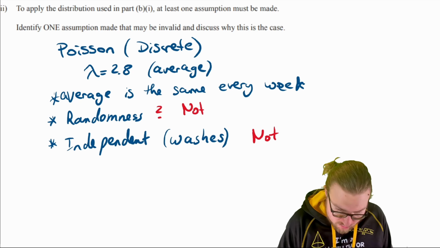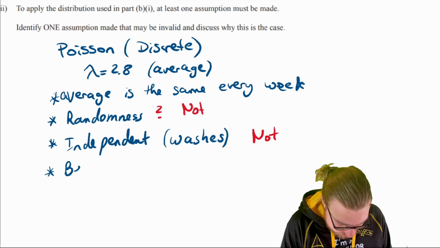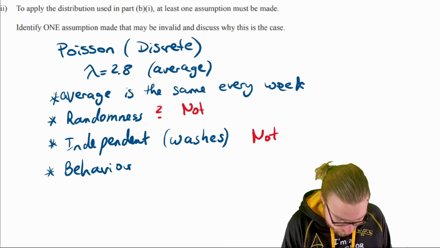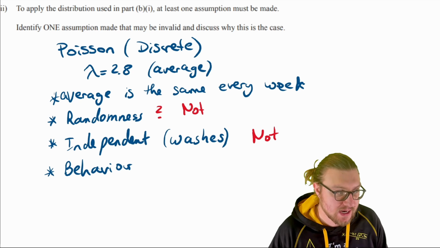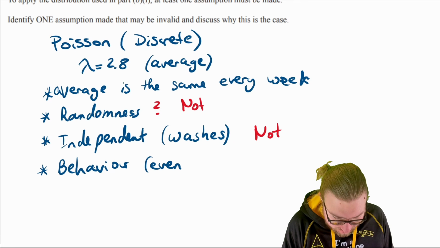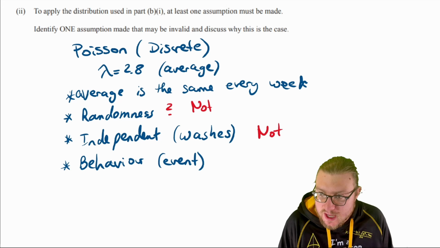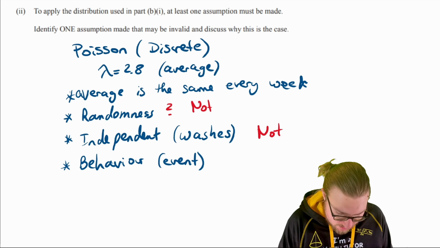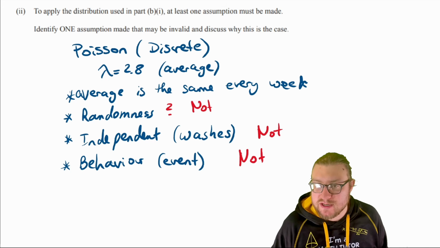And then there's one more part that we can comment on, and that is the behavior here. Is it independent for the people that we're looking at? Is it the same for everyone? Is every event random or not? That also doesn't make sense, because it is not random what people do.